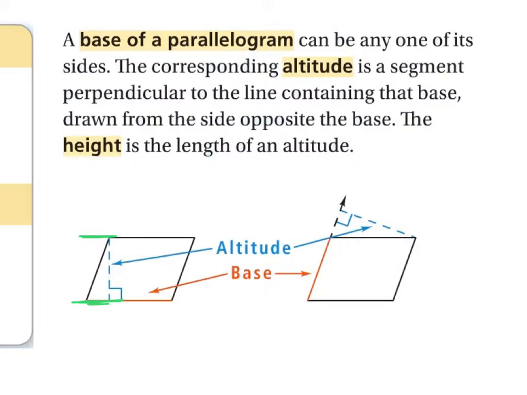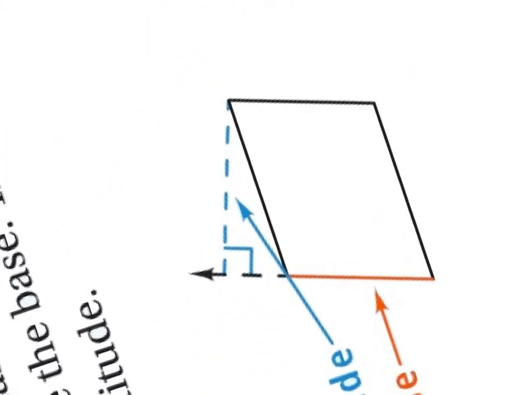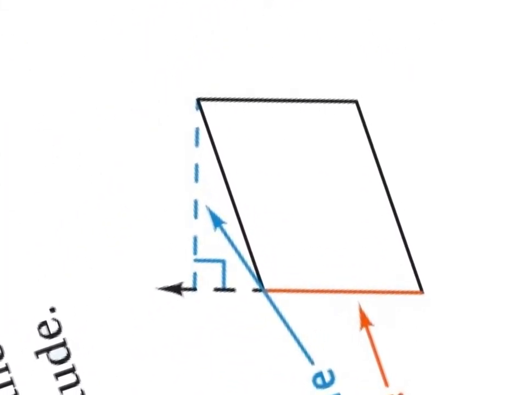Well, looking at that second one, let me flip it around here. If I wanted to slide this through a door on its base, well, this is the base, and so therefore the door has to be at least that tall. That's why that is then the height of that parallelogram. Okay? Making sense? Why that height has to be out where it's at?